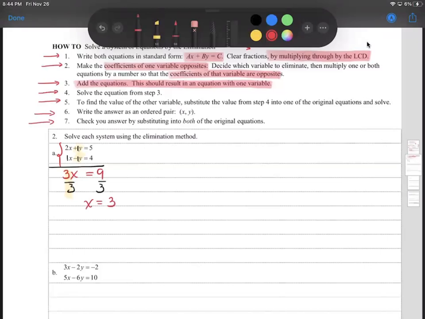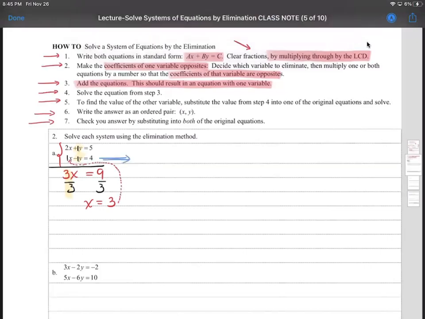x is equal to 3. Once I have x, I'm going to plug the value x equals 3 back into one of the original equations. Pick one, it doesn't matter which one. But I'm going to pick the second one because it looks simpler. So in this one, I have x minus y equals 4. x is 3, so 3 minus y equals 4.